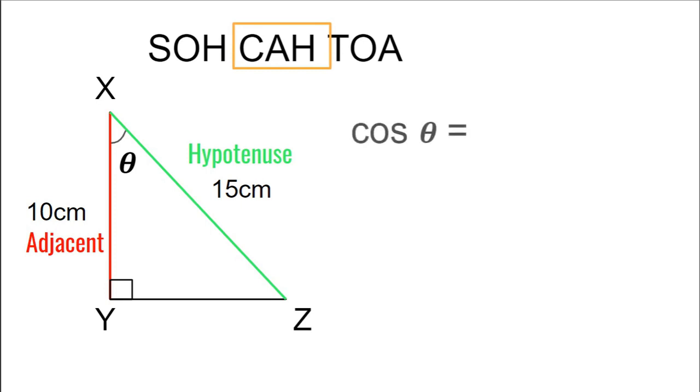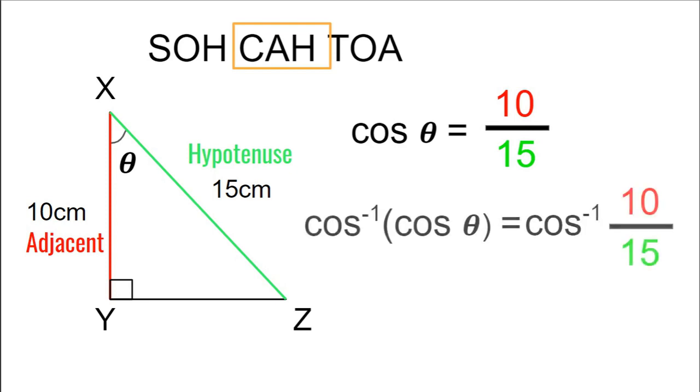So like before, we do the cosine of theta. And as I mentioned before, theta is just a variable for the degree. And this equals adjacent, which is 10, over hypotenuse, which is 15. Now how do we get theta by itself? Because we want to figure out theta. Well, we would use cos inverse, which is cos with a little -1 on top.